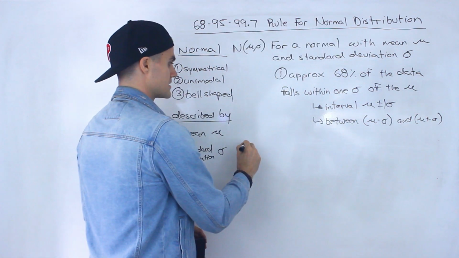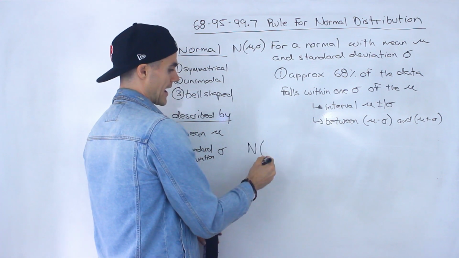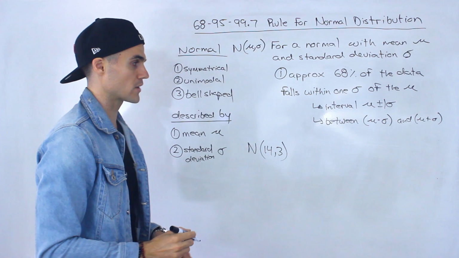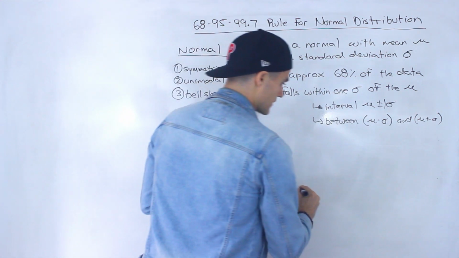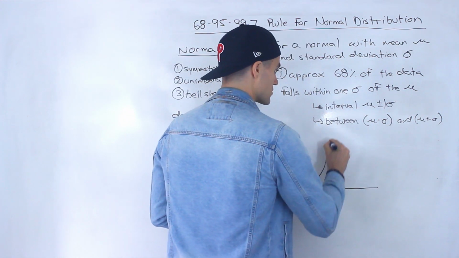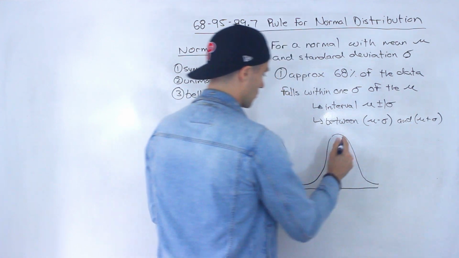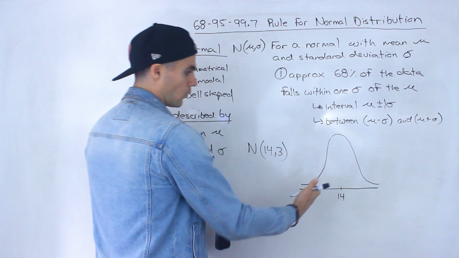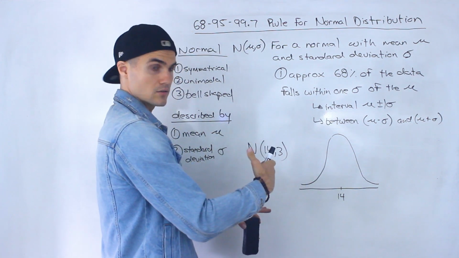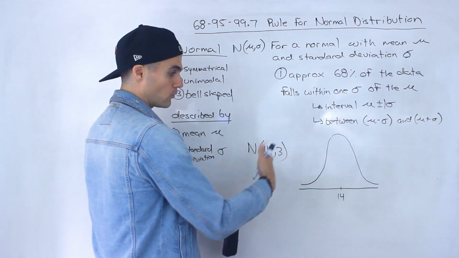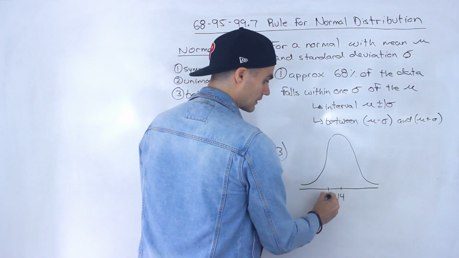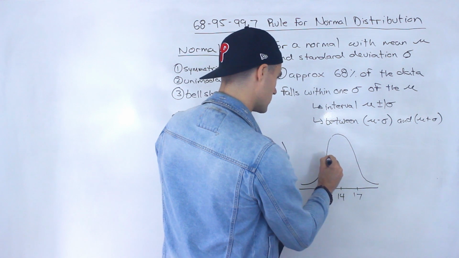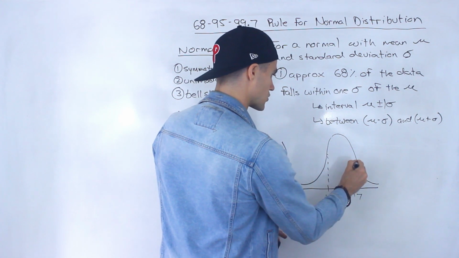Okay, so for example, let's say that we have a normal that has a mean of 14 and a standard deviation of 3. Well, if we draw this out, remember a normal is always going to be symmetric like this. So the mean is always in the middle. If we subtract one standard deviation and add one standard deviation, we would end up with 11 and we'd end up with 17. This should be symmetrical, perhaps not as symmetrical in my drawing.